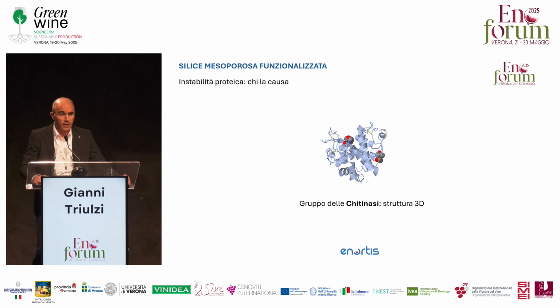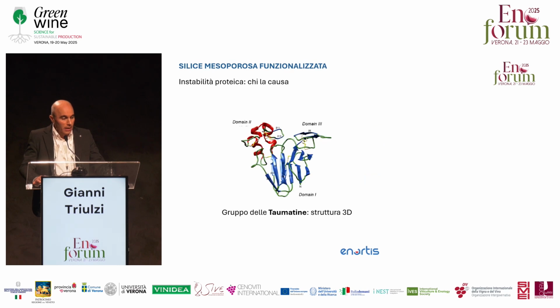Let's have a look at how they are made. Well, proteins are chains of amino acids. You can indeed imagine a linear chain, but nature is not as simple as that, unfortunately. This is what we think could be a 3D structure of chitinase. You see that it is a globular protein with repeated portions, but a complex structure.